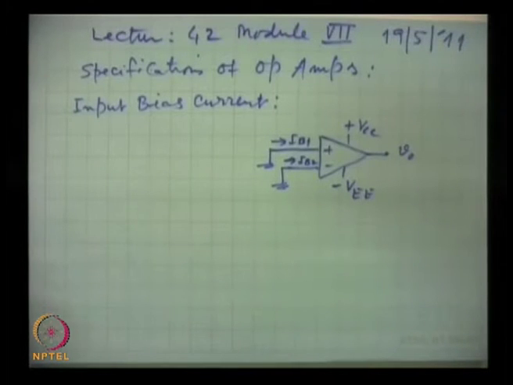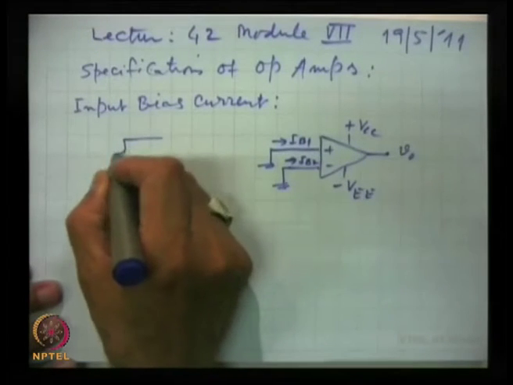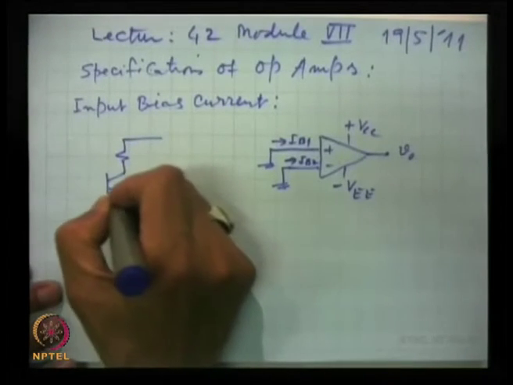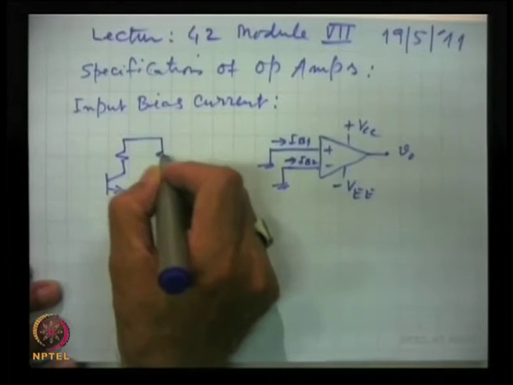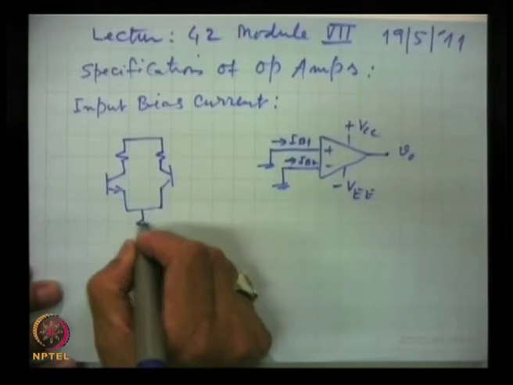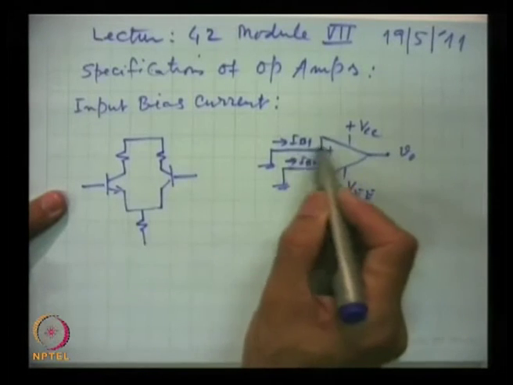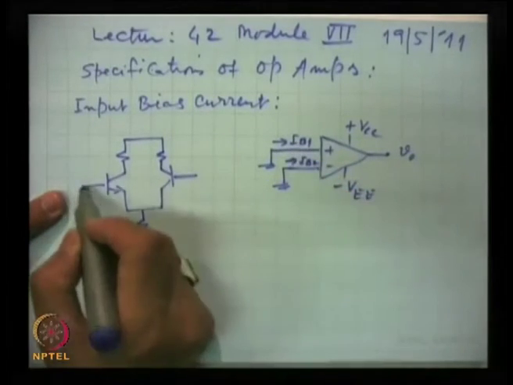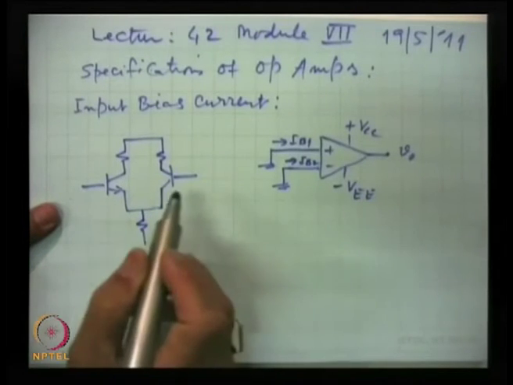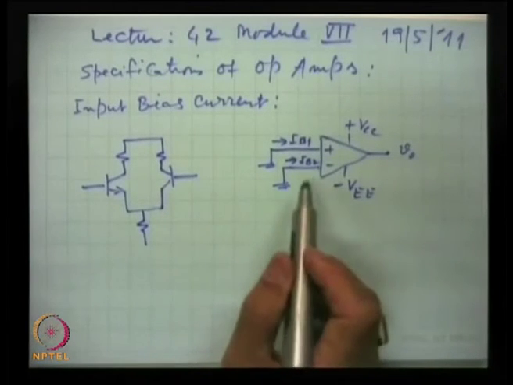In spite of the fact that both these inputs have been grounded, some currents flow, they go to the base region. You remember that the first stage of the op-amp is a differential amplifier. So, these are the two bases. That is why it is called base current. This one is the inverting input, the other is the non-inverting input.